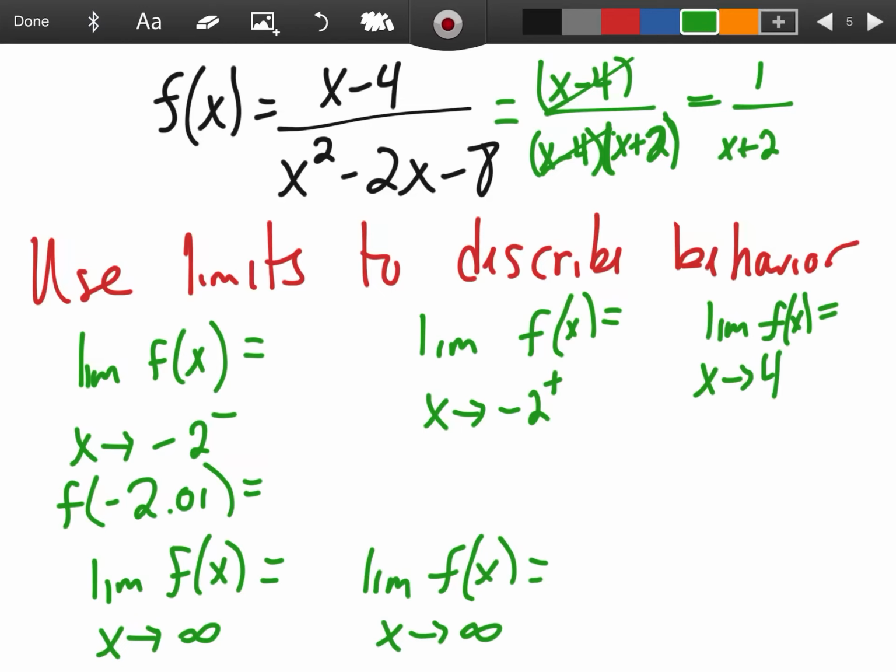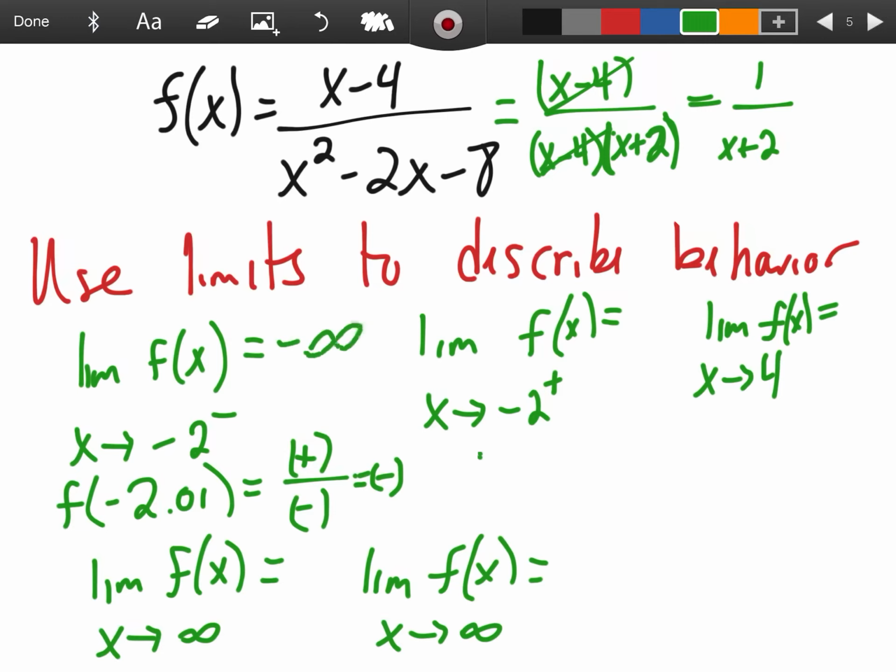So if I plug in negative 2.01, 1 is a positive number up top. Negative 2.01 plus 2 is negative 0.01. So we get a positive divided by a negative, which is a negative, telling us that as x approaches negative 2 from the left, we're going to negative infinity.